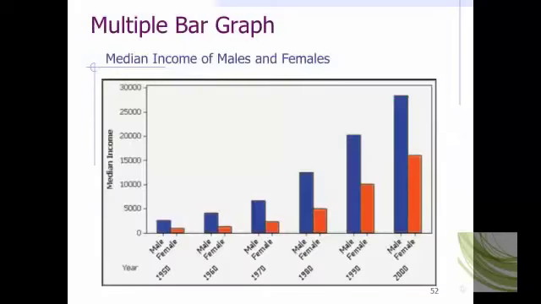Here we have decades, and the decades are separate, and that's why they do not touch. This happens to be a side-by-side bar graph, where not only are we comparing incomes in the decades, but we're also looking at male-female incomes during the decades. And you can see how we would represent that.